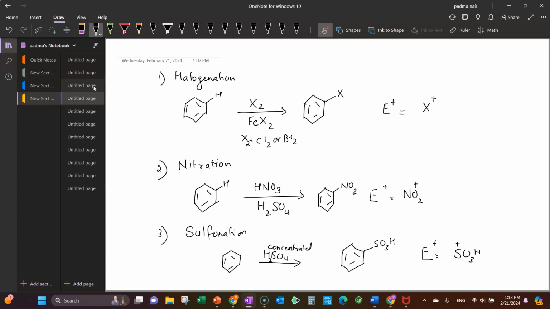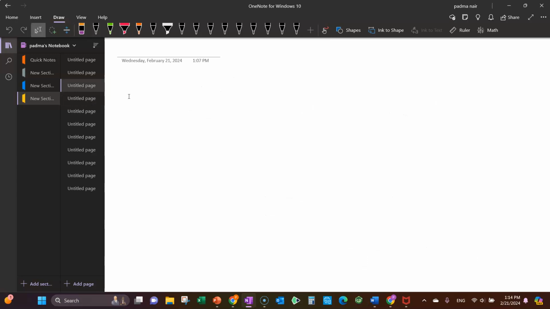The next reaction, which we will look at in this chapter, would be Friedel-Crafts alkylation. Here the electrophile is an alkyl group.